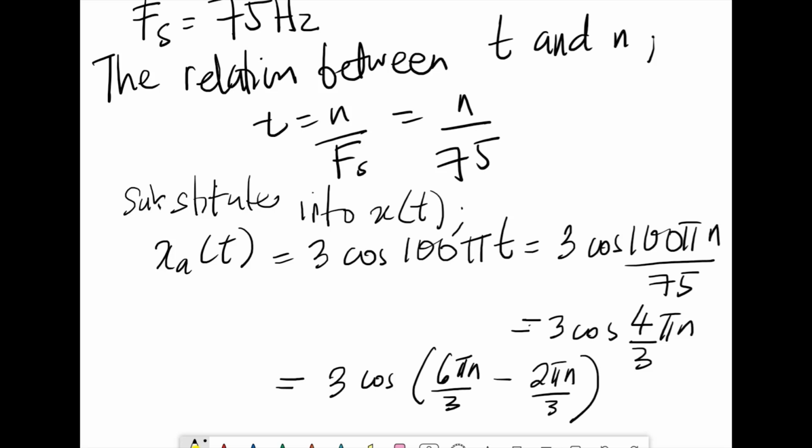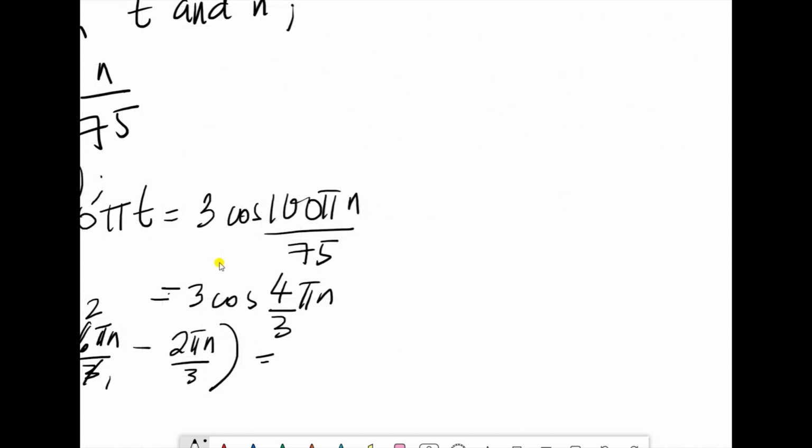Okay, so and then we can simplify this. Okay, so we have 3 cos 2 pi n minus 2 pi n over 3.